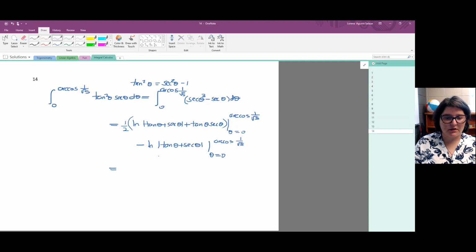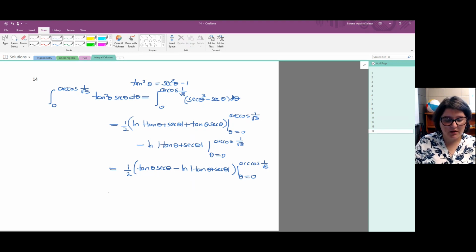We can rewrite this expression in a way that we see 1/2 of tangent of theta times the secant of theta, and 1/2 of ln minus 1 times ln, that gives us minus 1/2 of ln of that addition. And theta varies between 0 and the inverse cosine of 1 over root of 5.